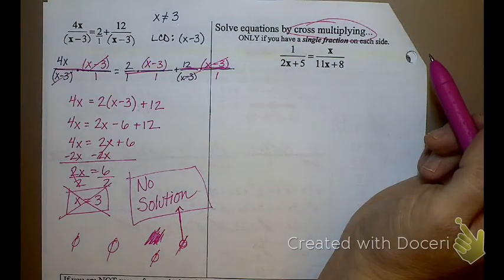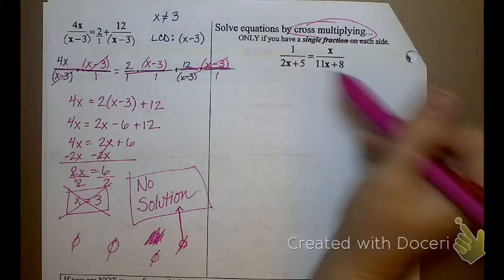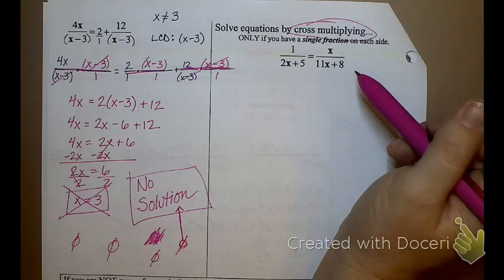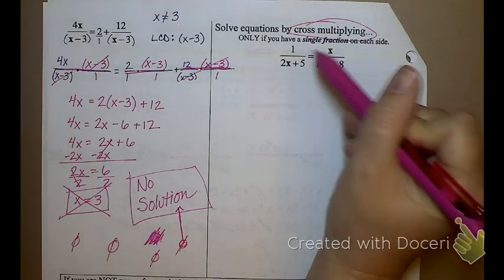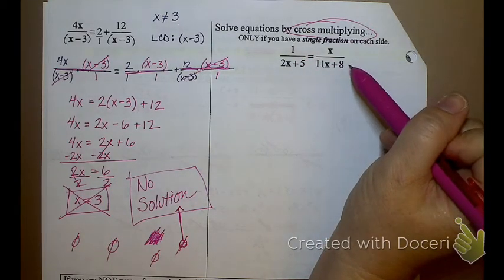Do you have to? No. You can find the LCD and multiply everything by the LCD over 1. Totally fine, ends up doing the same thing. But if you notice that it's fraction equals fraction, you can skip the LCD step.